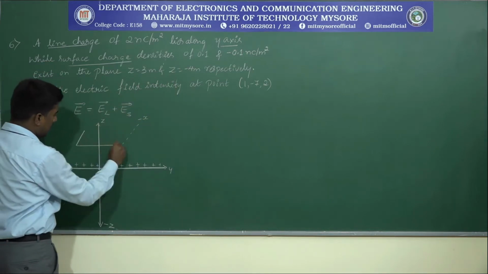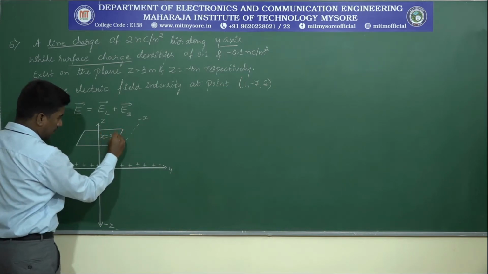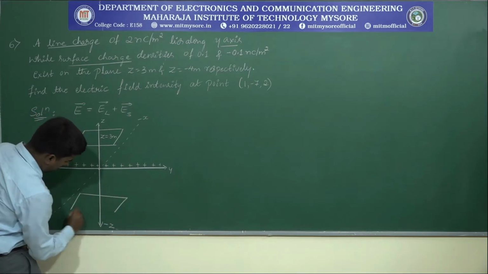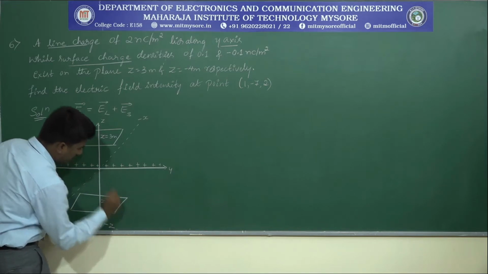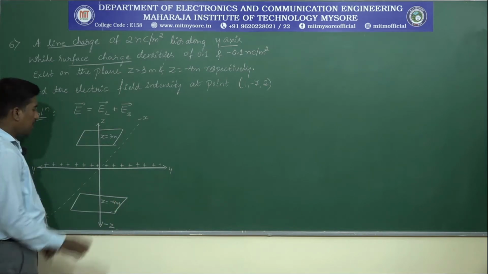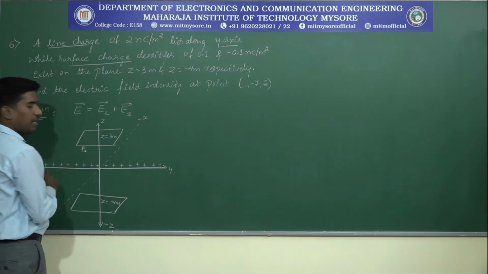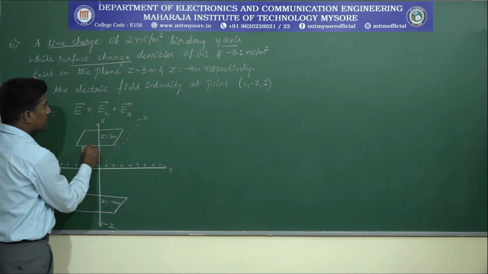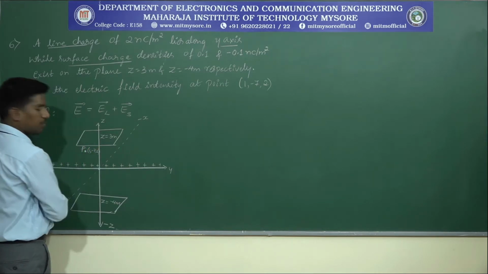So, a surface charge is located at z is equal to 3 meter in the positive z axis and z is equal to minus 4 meter in the negative z axis. Got it? And let point P be the place at which electric field intensity is to be identified. The coordinate of this point given is 1, minus 7, 2.